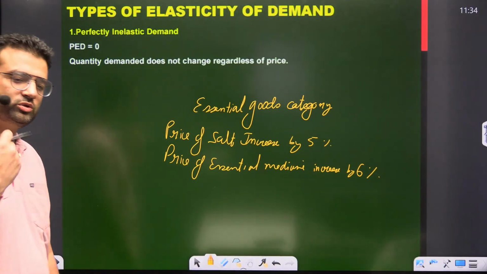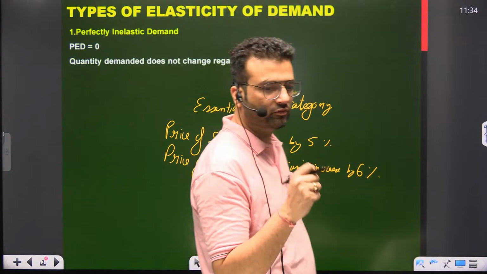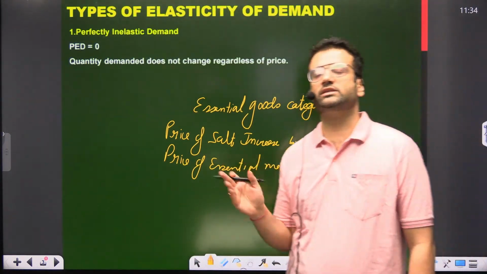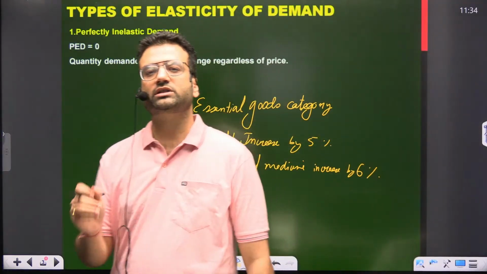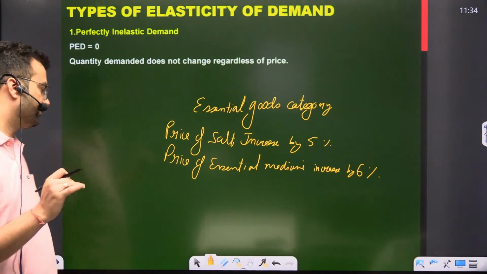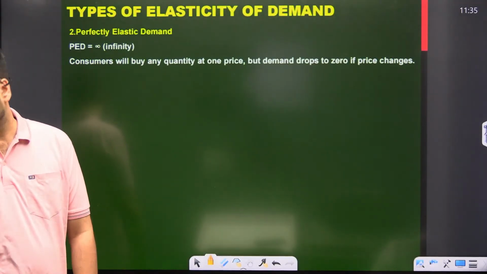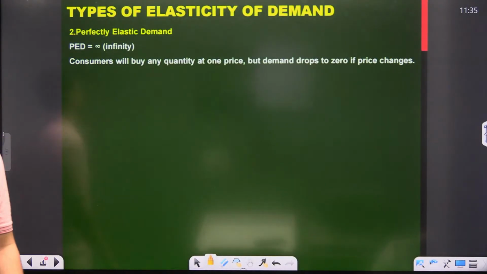This is perfectly inelastic demand. That means whatever the change in price, quantity demanded doesn't get affected because it is an essential category. Next is perfectly elastic. What is the meaning of perfectly elastic demand?